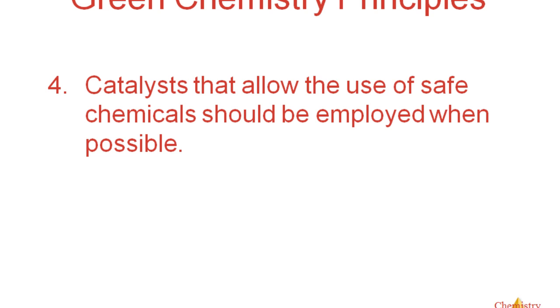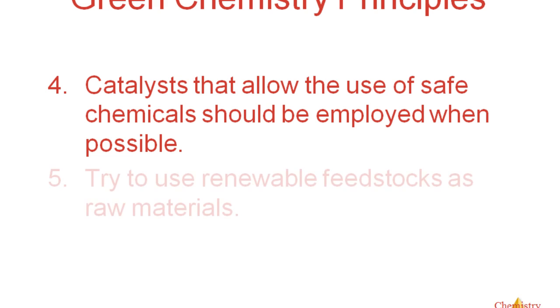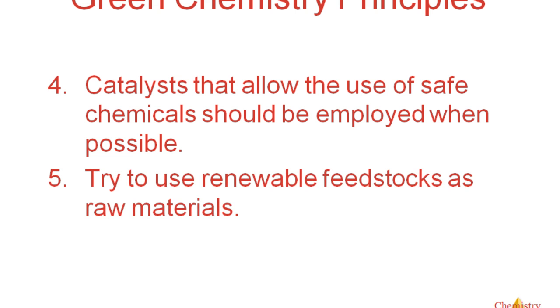We've been experimenting pretty badly with all the chemicals we created. So now the goal is everything safe. We don't want all those dangerous things. And try to use renewable feedstock as raw materials. Renewable energy is another big talk area, right?